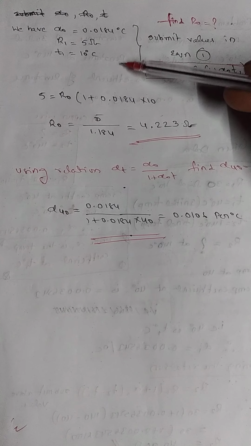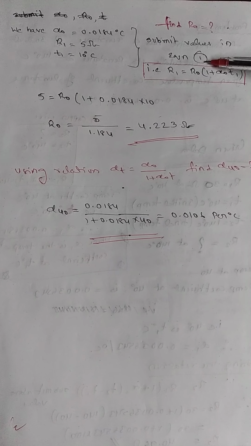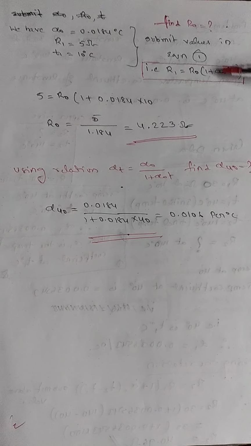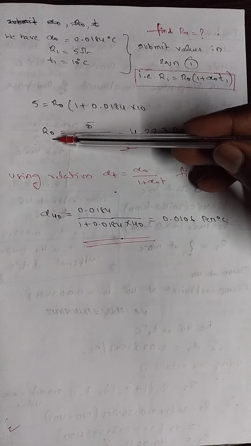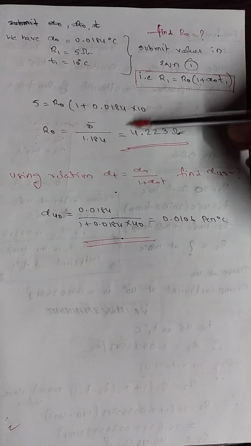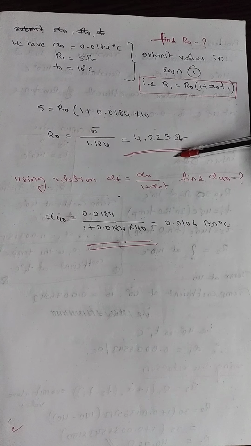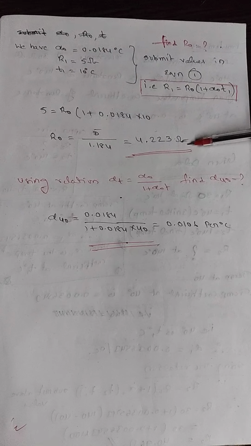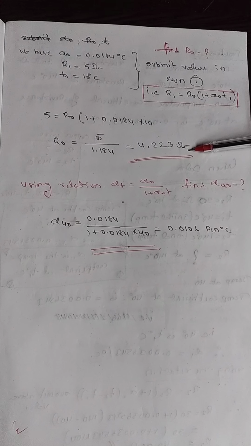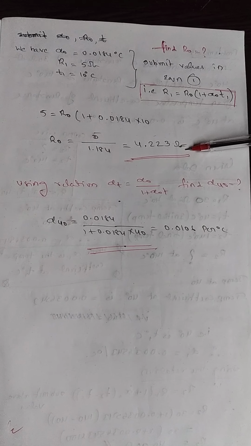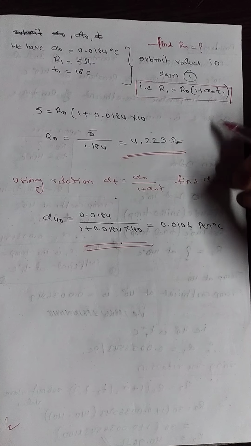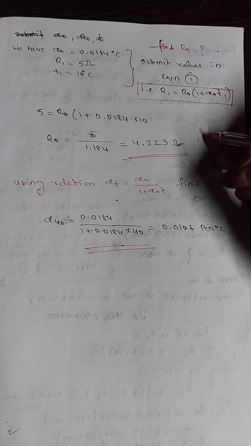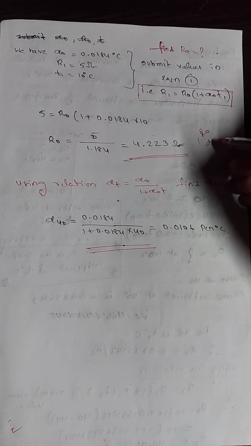Substitute all these values in equation 1, that is R1 equal to R naught into 1 plus alpha naught T1, and you are going to get the R naught value. After solving this equation, you get approximately 4.223 ohms. So we have found the R naught value and alpha naught as well.